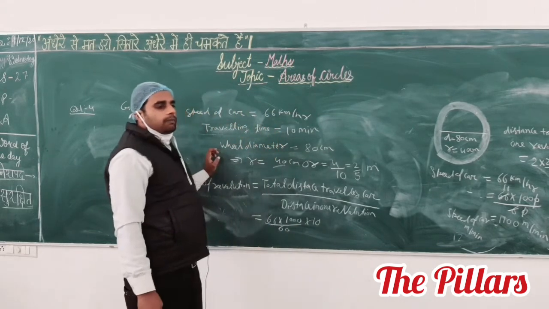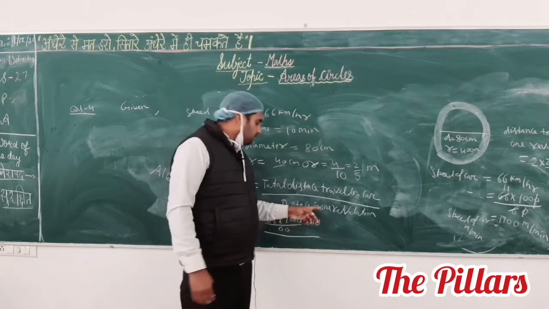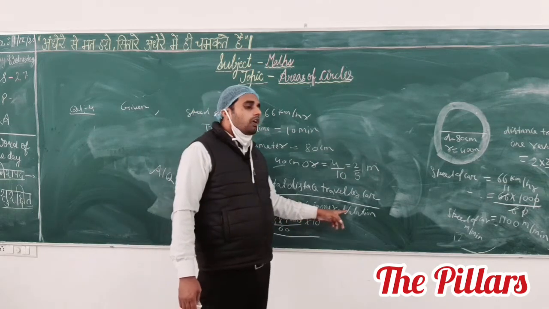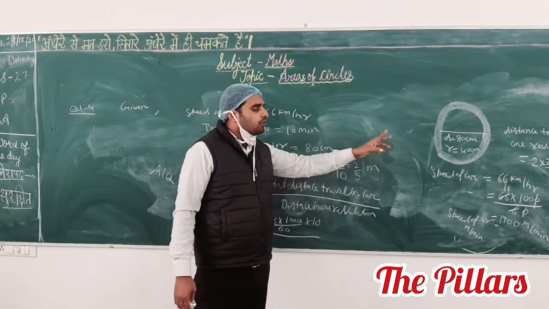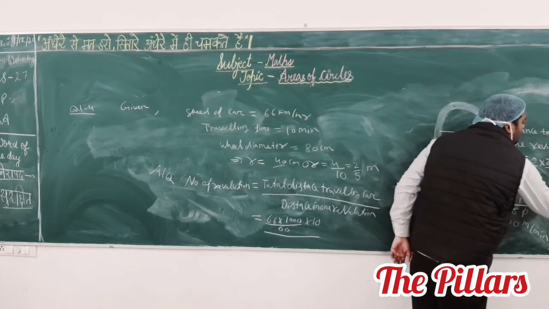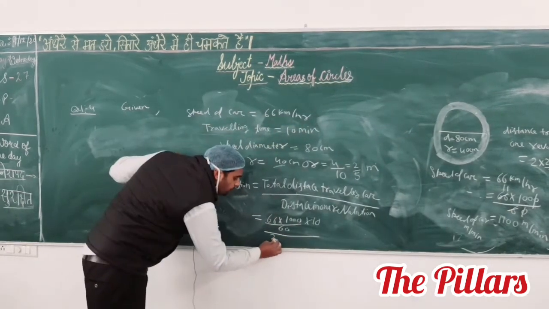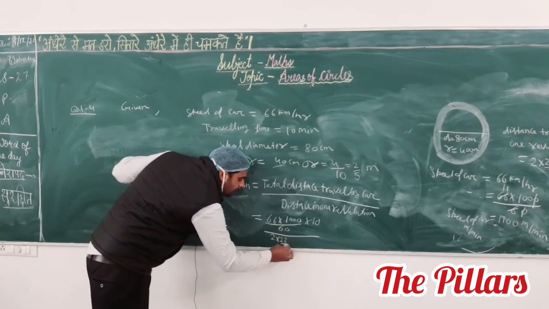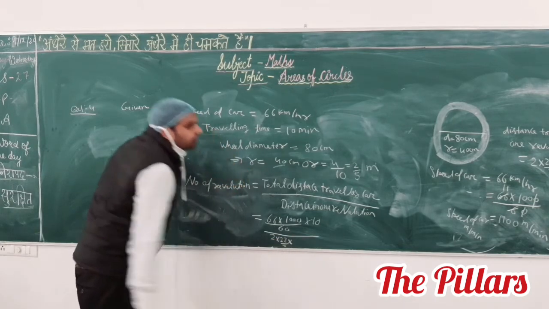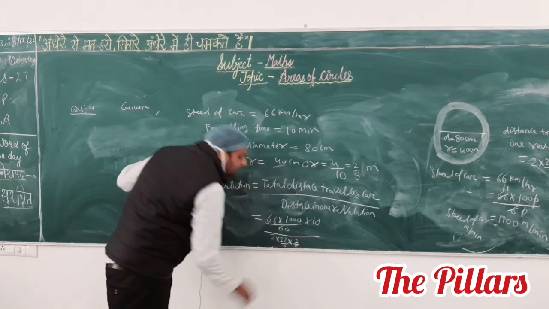Divided by the distance in one revolution, which is 2 into 22 by 7 into 2 by 5. Till here, does anyone have any problem?